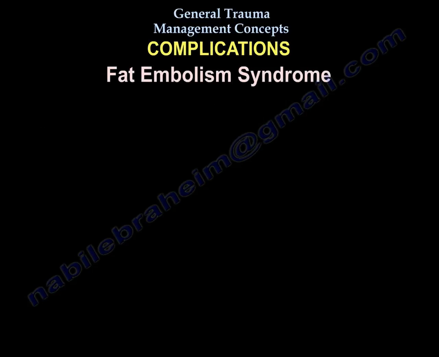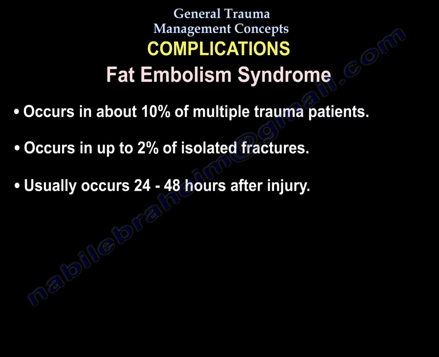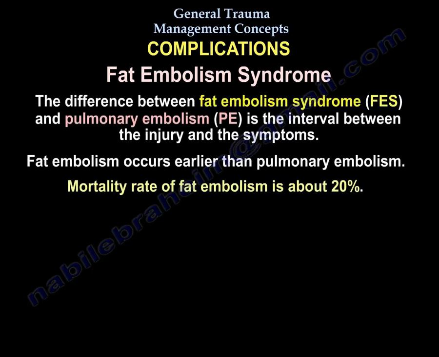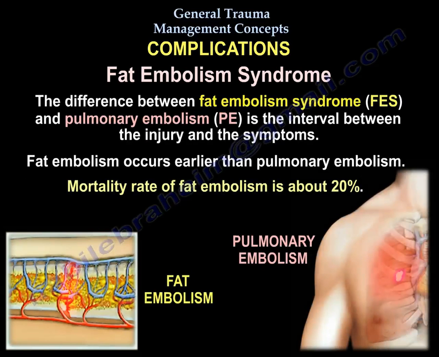Fat embolism syndrome. It occurs in about 10% of multiple trauma patients. It occurs in up to 2% of isolated fractures. It usually occurs between 24 to 48 hours after the injury. The difference between fat embolism and pulmonary embolism is the interval between the injury and the symptoms.